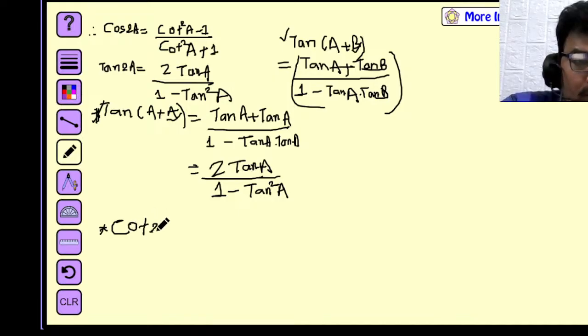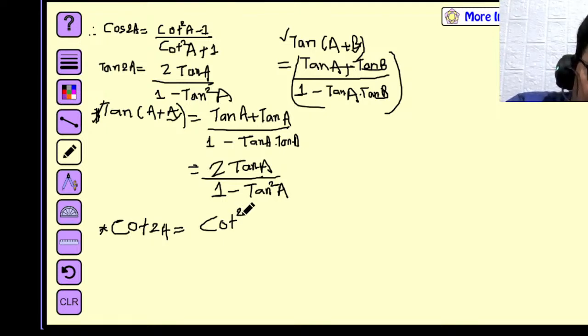Cot 2A equals to, what is the formula? The formula is cot square A minus 1, and down there will be 2 cot A.